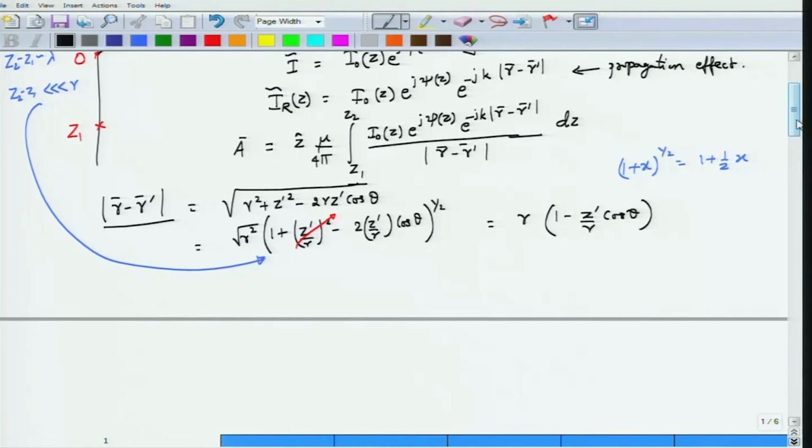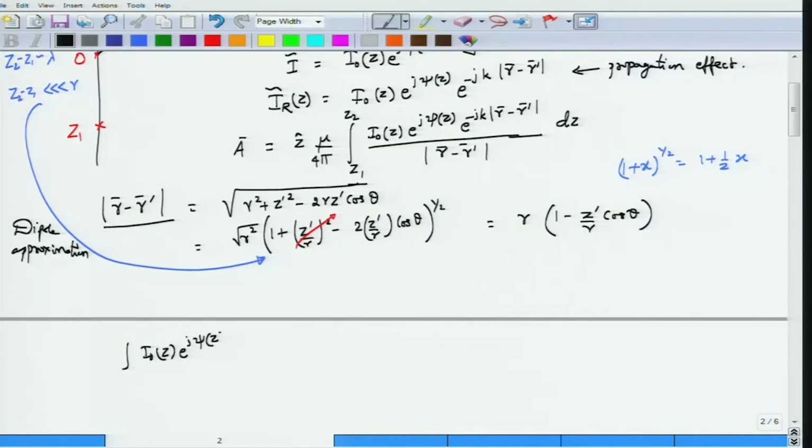Now I have to substitute this r minus r prime approximation in two places: one in the numerator and one in the denominator. Now, watch what happens. This approximation is sometimes called a dipole approximation. In the integrand, I0 of z has not changed, e to the power j psi of z also has not changed, but in the numerator I have e power minus j k times r minus r prime.